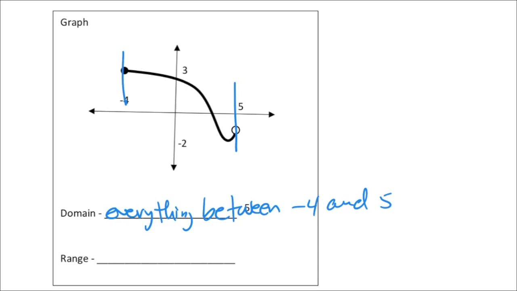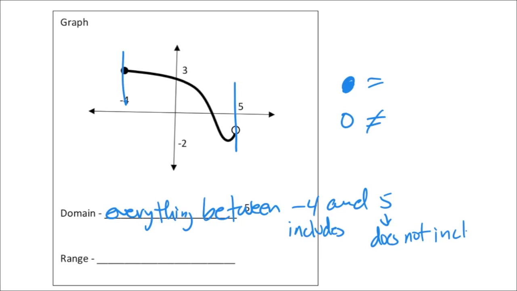If you remember from the past, a closed circle means it's equal to, and an open circle means it's not equal to. So this really means everything between -4 and 5. It includes -4, but does not include 5.